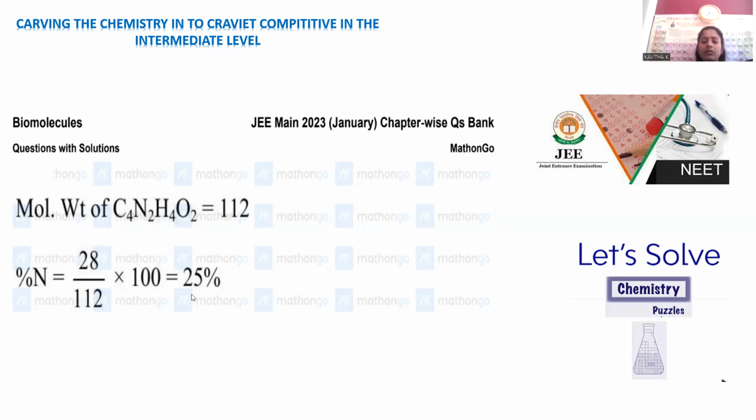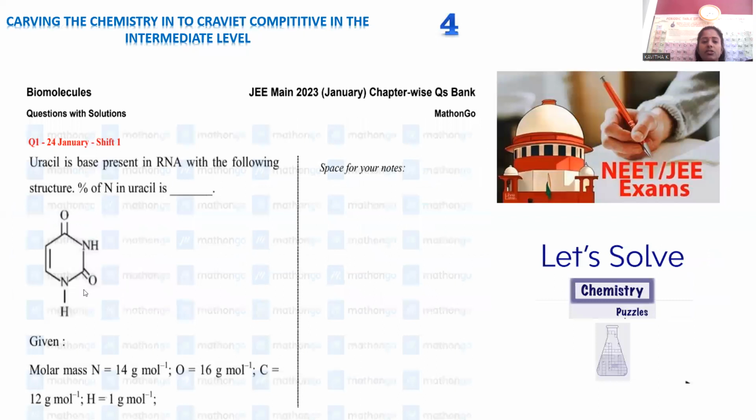So after calculating, we will get the percentage of nitrogen as 25%. This is the way we can solve problem number 4. Very simple. Uracil is the base present in RNA with the following structure. Percentage of nitrogen is 25 in this.